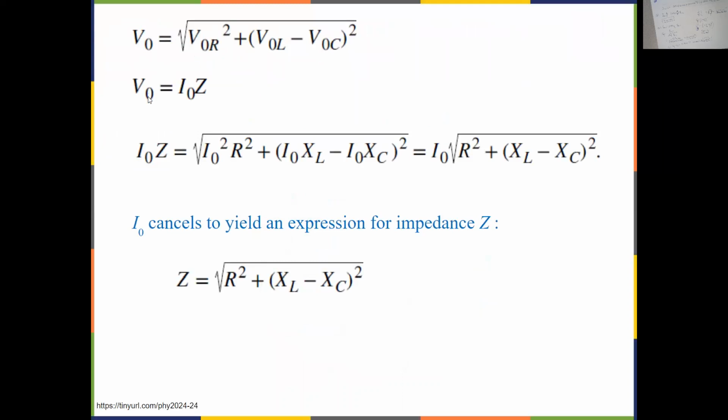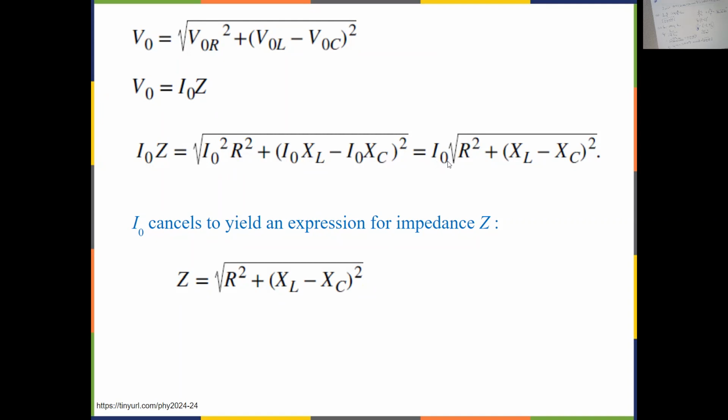So Z in this case: the peak value is equal to that, and the peak value is also equal to this. V0R is I0 times R, V0L is I0 times XL, and V0C is I0 times XC. You have I0 across each of the terms, so you can factor I0 out in front of the square root.